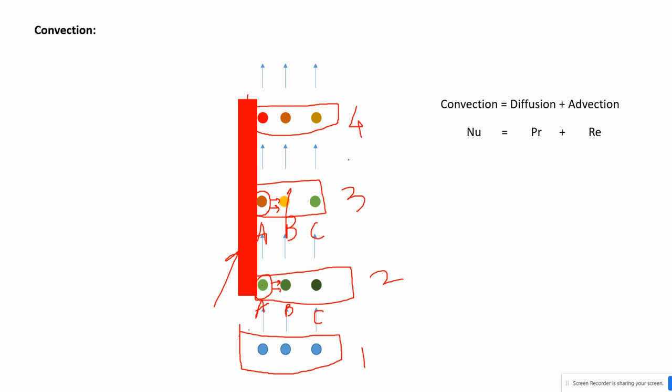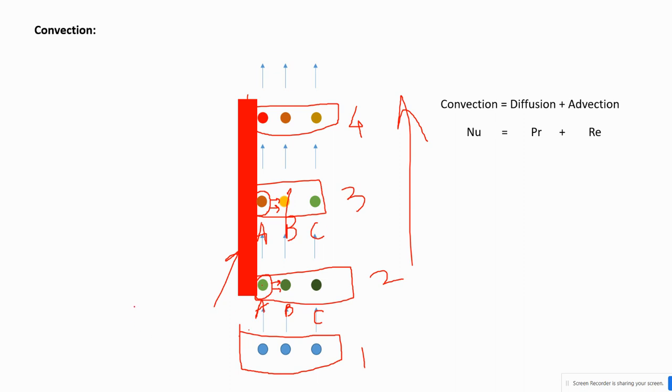So advection is nothing but assisting the diffusion. It is the bulk flow of the fluid, the bulk flow of the heat. Heat transfer is majorly occurring from the wall to the air particle through diffusion, and it is getting carried away via advection.